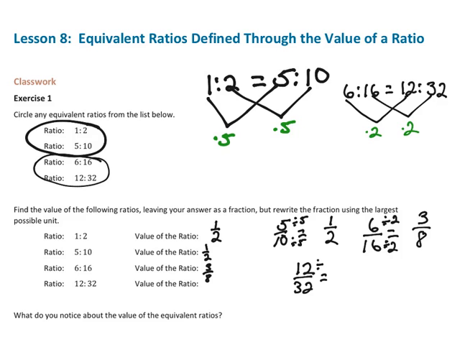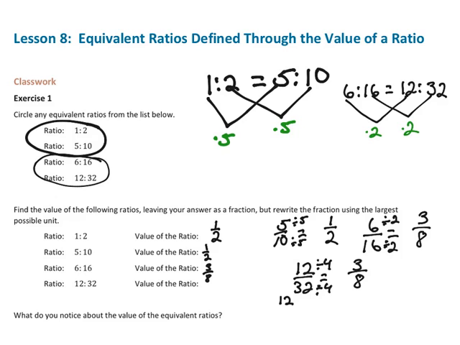So let's divide them by 4. You could divide them by 2 twice, and I'll show you that in a second. 12 divided by 4 is 3, and 32 divided by 4, because you use the multiplication chart or because you know the 4 tables, is 8.